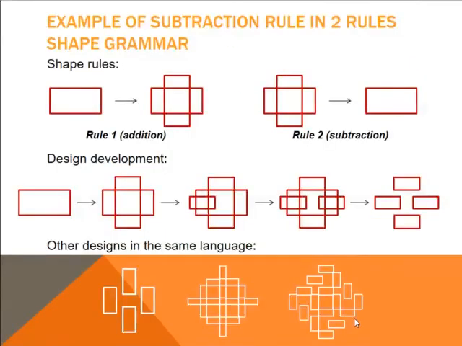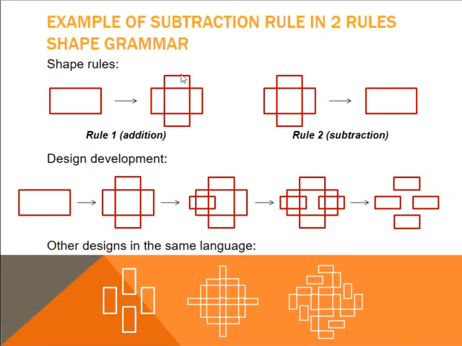Let's look at one example of subtraction rules in a two rule shape grammar. As you can see, there are two shape rules. Rule number 1 is addition, and rule number 2 is subtraction. For rule number 1, you add a rectangular shape to the original in a different orientation.